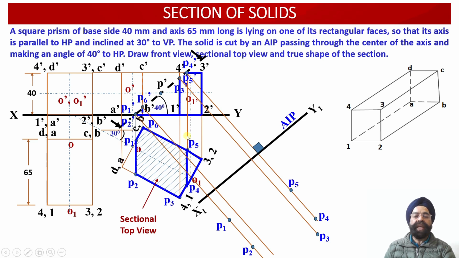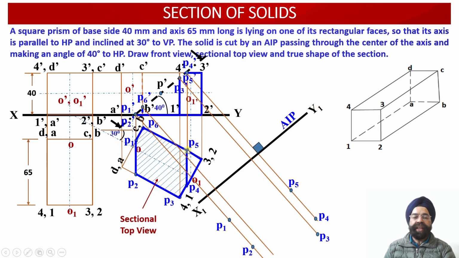Next point happens to be P5. So now we will be measuring the distance of the point P5 from the XY reference line. Now let us see where this point lies in the elevation view. This point happens to be P5 dash. So from this point P5 dash, we have drawn this projection line, and onto this projection line which is emerging from the point P5 dash, the same distance of point P5 we are going to mark ahead of the auxiliary inclined plane X1 and Y1.